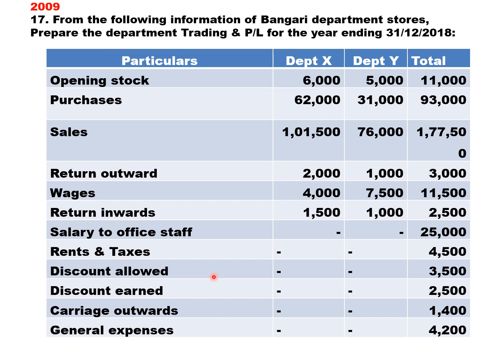Discount allowed to be distributed on the basis of net sales. Discount earned to be distributed on the basis of net purchase. Carriage outward is a selling expense, therefore to be distributed on the basis of net sales. General expenses, there is no information about it, so distribute in sales ratio.